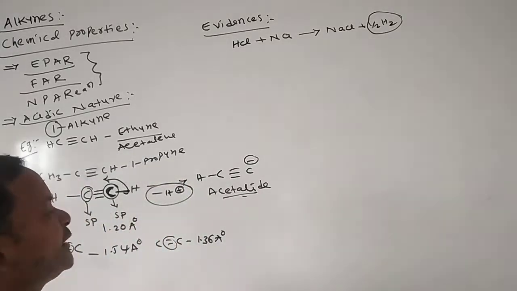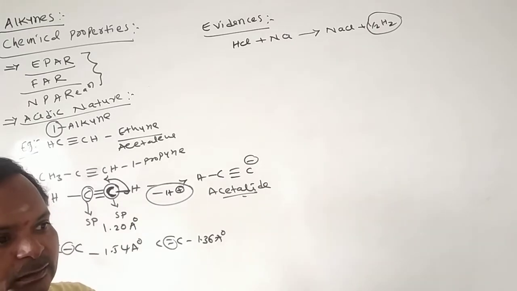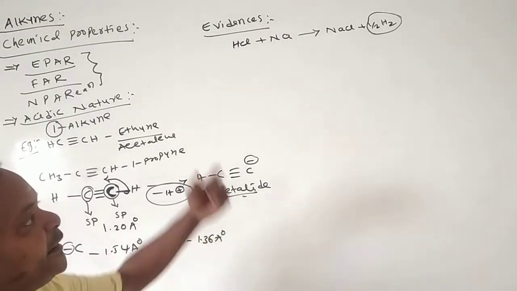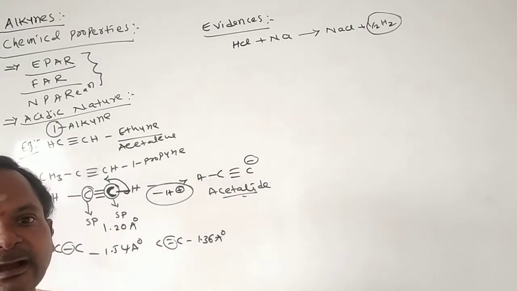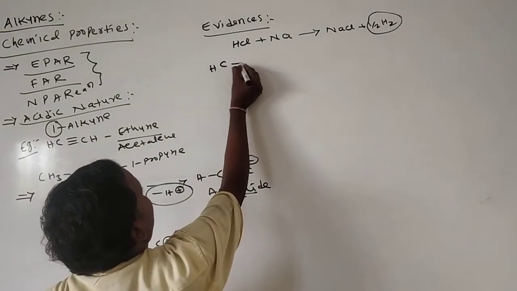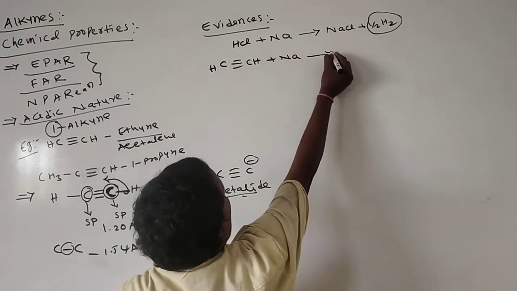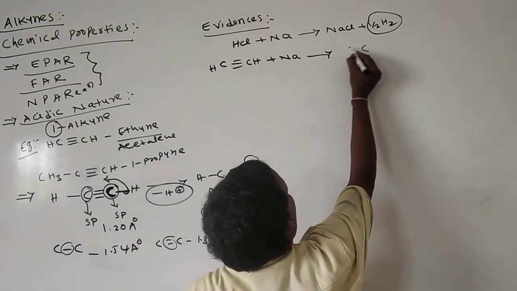I said acetylene is an acid. If it is an acid, it also liberates hydrogen gas. We'll check now. CH triple bond CH reacts with sodium metal. What happens here?